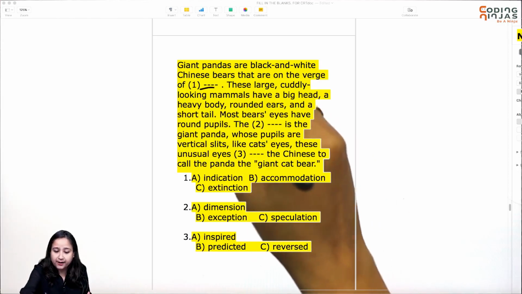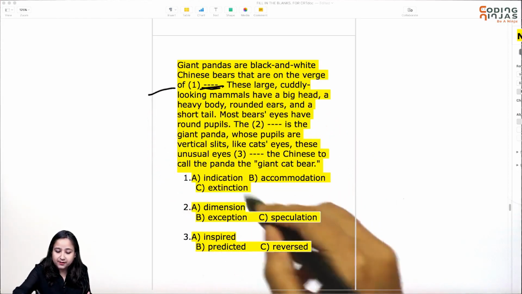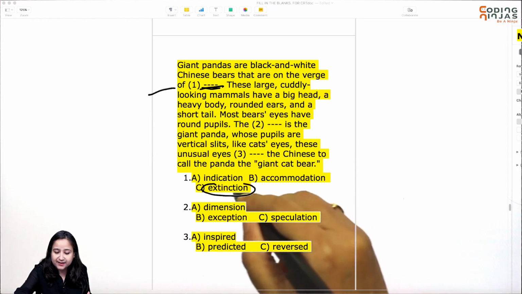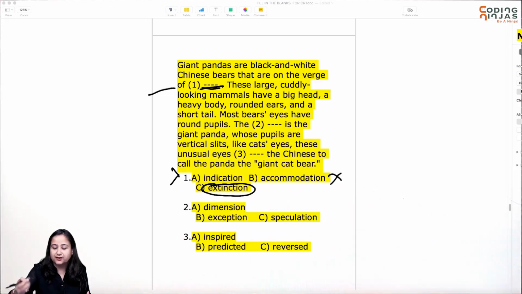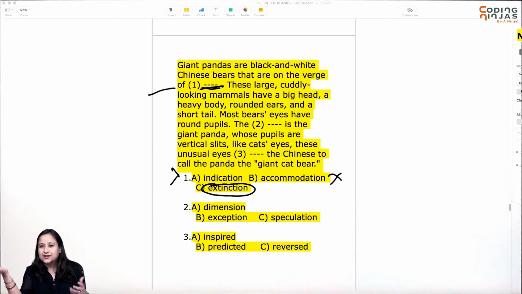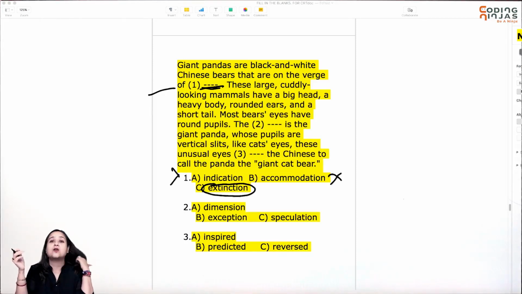The verge of going. So here extinction, verge of extinction, very clear. Verge of indication, verge of accommodation, not correct. Something which is already getting removed, something which is vanishing. So getting extinct, like dinosaurs are extinct, tigers are on the verge of extinction. Similarly, giant pandas are on the verge of extinction.